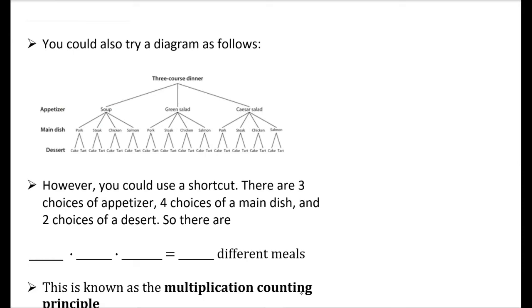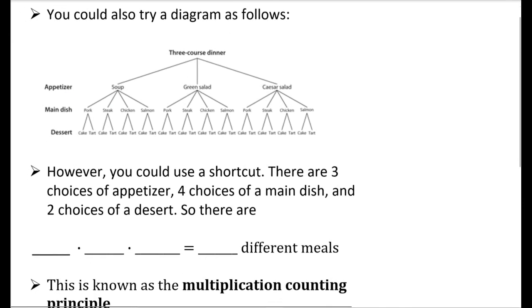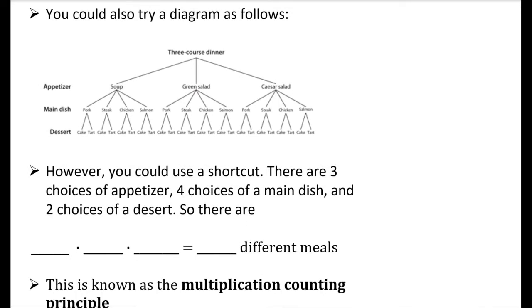Well, we could also try a diagram, almost like a tree diagram. We have the appetizers listed first: soup, green salad, or Caesar salad. And then for the soups, we could order the pork, steak, chicken, or salmon. Same thing for the green salad: pork, steak, chicken, salmon. And then when we order the pork, we could order cake or tart for all those options. So that's another way of listing all the options.